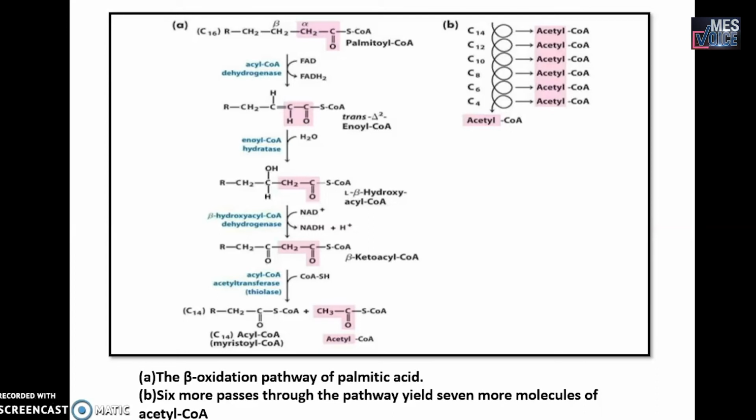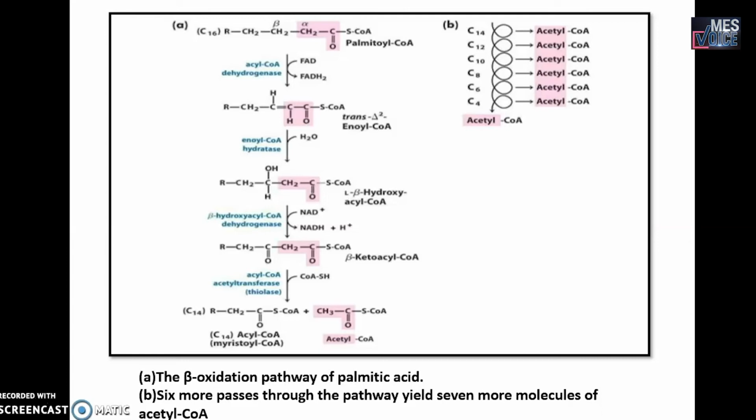Then hydration occurs in the second step, catalyzed by enoyl CoA hydratase. So the product becomes RCH2 CHOH CH2 C double bond O SCoA, that is beta hydroxyacyl CoA.